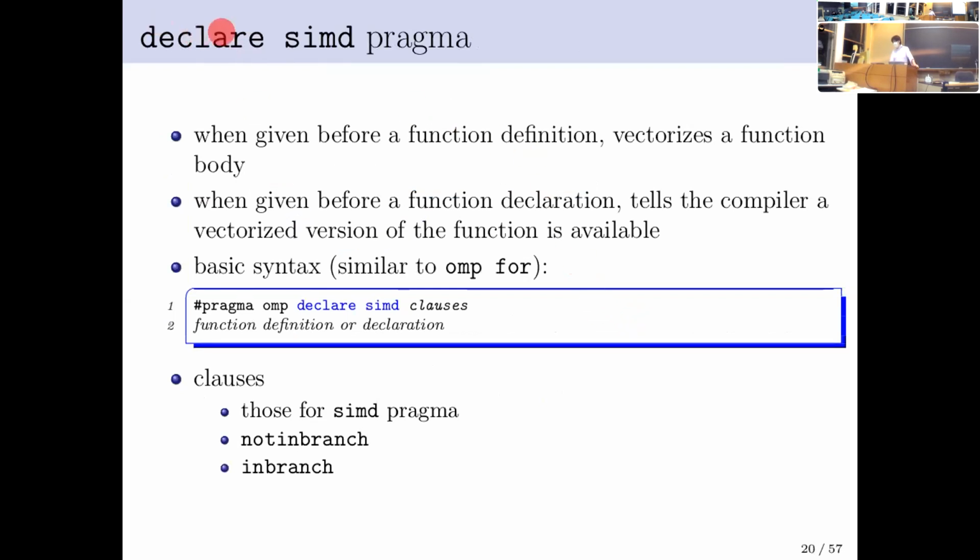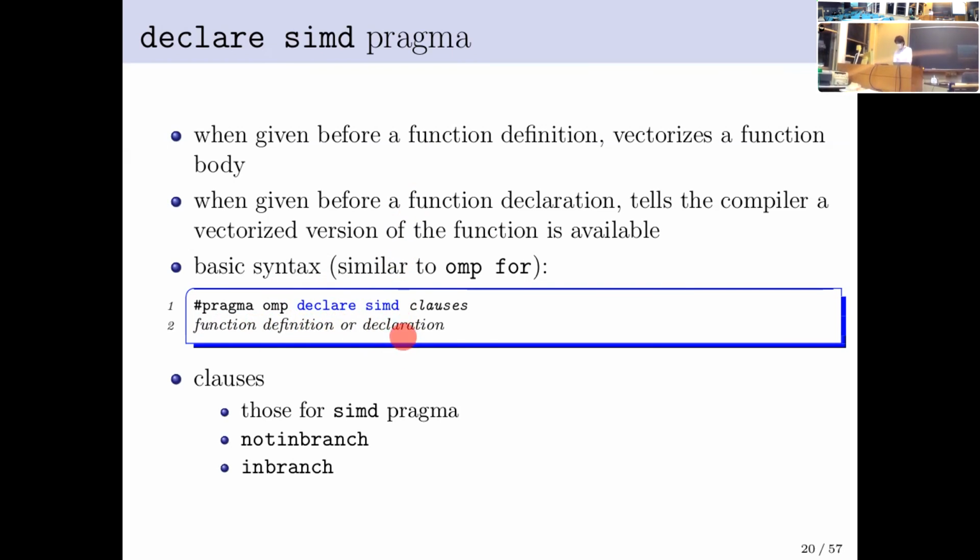Okay, so this is the declare SIMD thing. You give this declare SIMD directive in front of a function definition or declaration. It is an instruction to the compiler, saying you need to generate a vectorized version of this function.